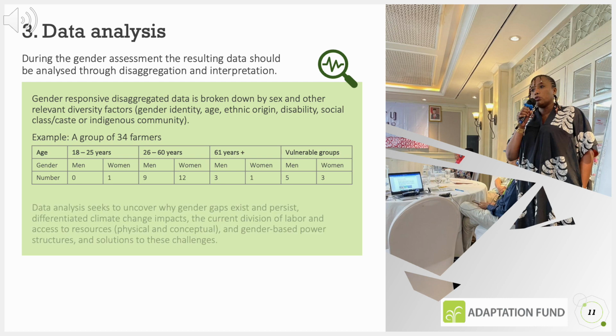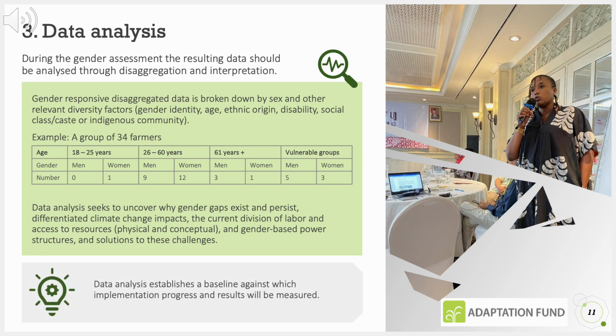The data analysis should consider and answer questions relating to gender differences in climate change adaptation, namely climate impacts, divisions of labour, access to resources, and gender-based power structures. Data analysis establishes a baseline against which implementation progress and results will be measured.